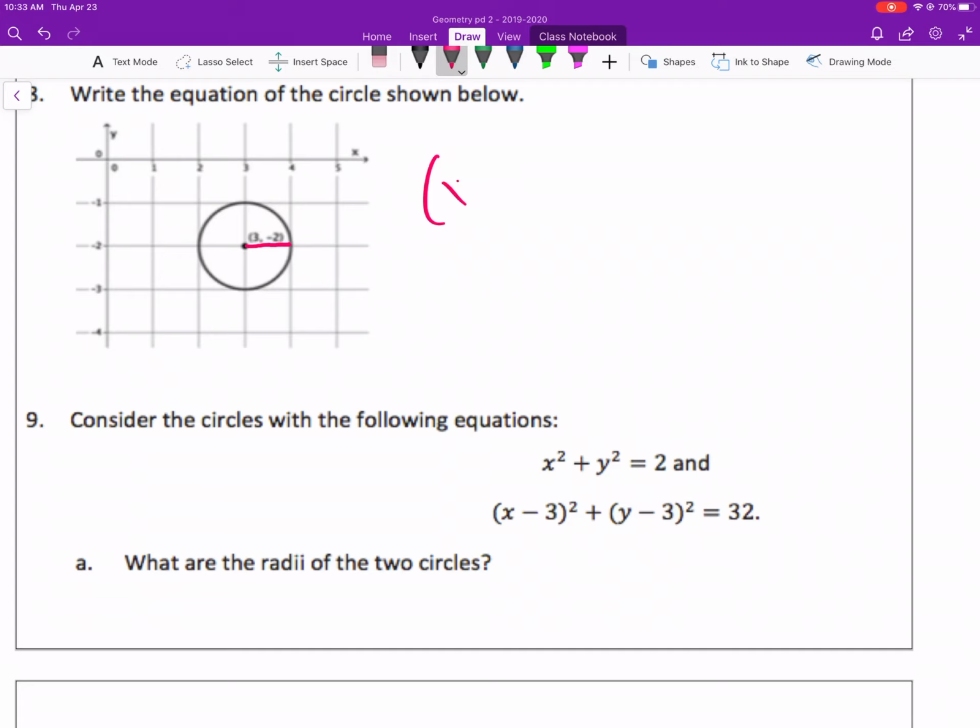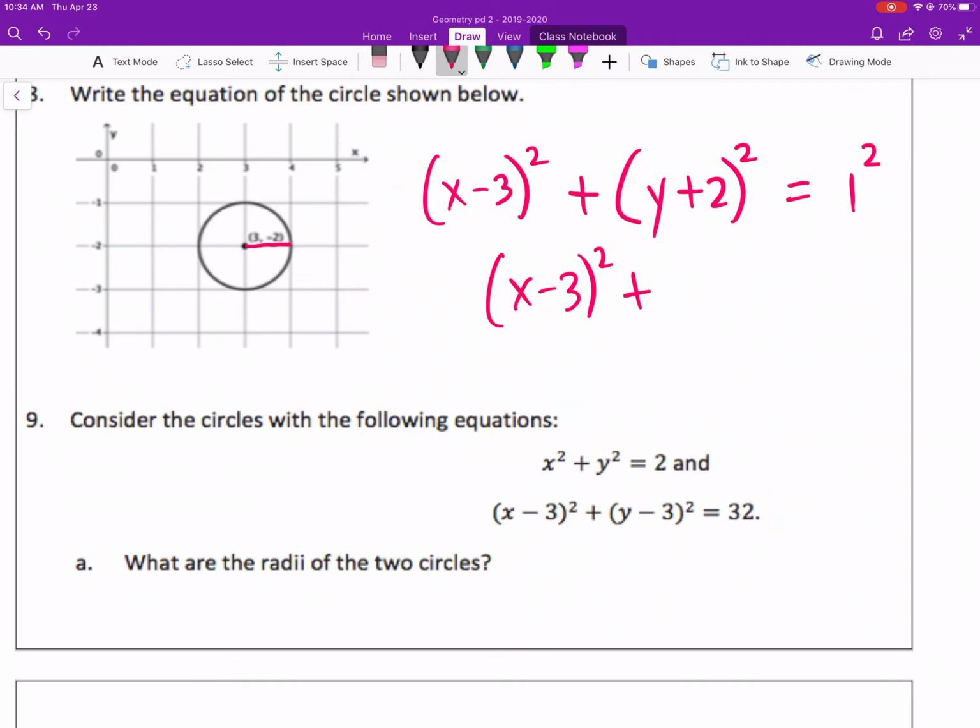So this would be x minus 3 squared, because it started as positive 3, now it's negative, plus y plus 2 squared, once again, started negative, now it's positive, is equal to the radius, which is just 1 squared. So this would be x minus 3 squared plus y plus 2 squared is equal to 1.